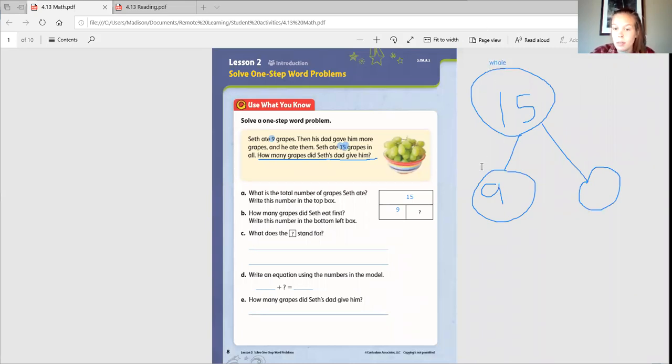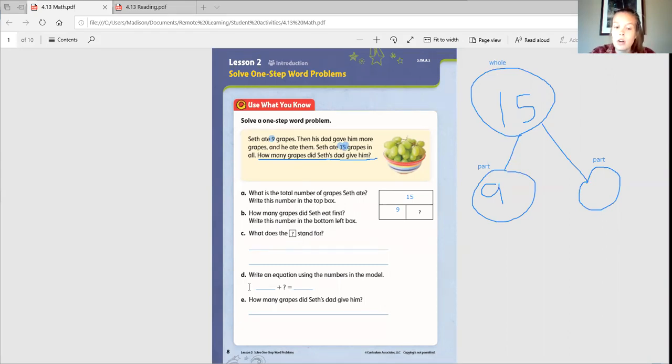That is the whole number. This right here is a part. And this over here is also a part. Remember, we had our pieces of paper that we'd stick on the board for the whole part. 15 is our biggest number too, so it has to be the whole number. And then 9 is one part, and we're trying to figure out the other part of it.